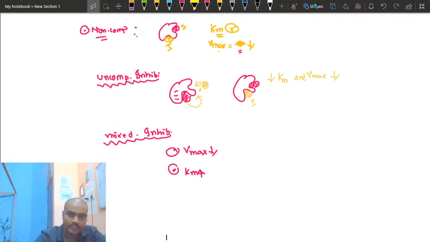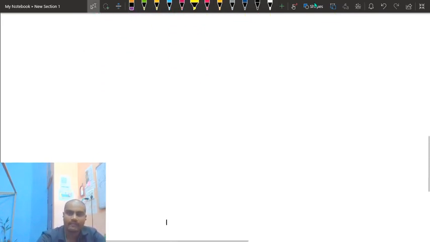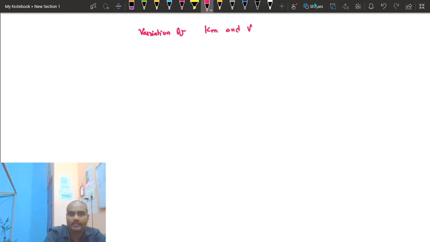Now, if we summarize all this topic in a single table, you can see the variation of Km and Vmax. What should be the variation of Km and Vmax?